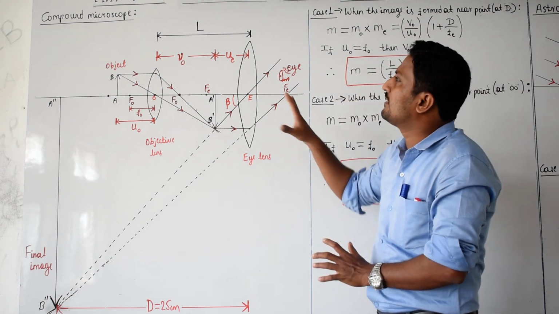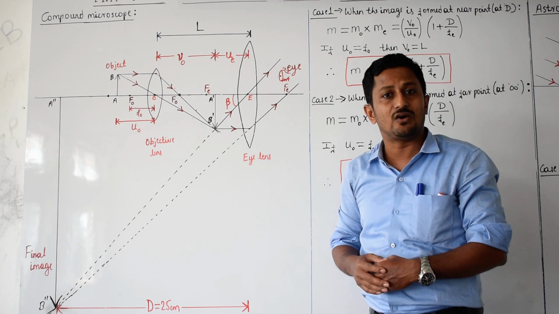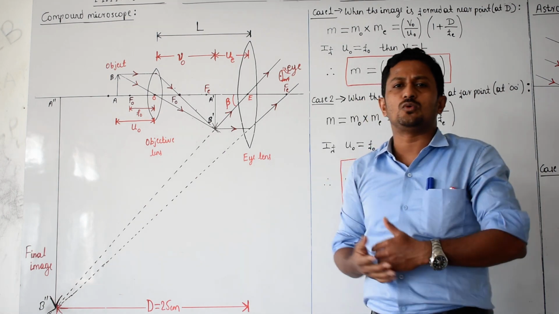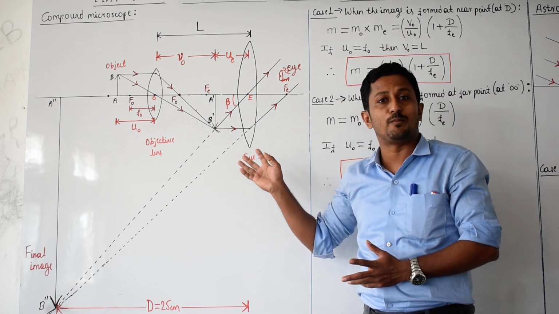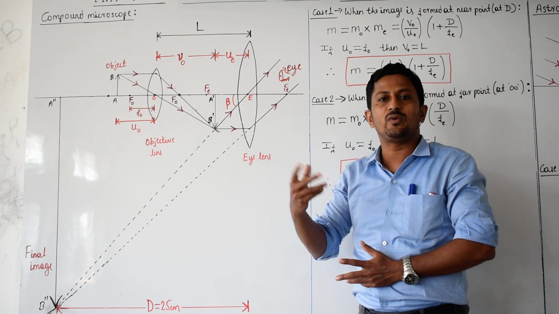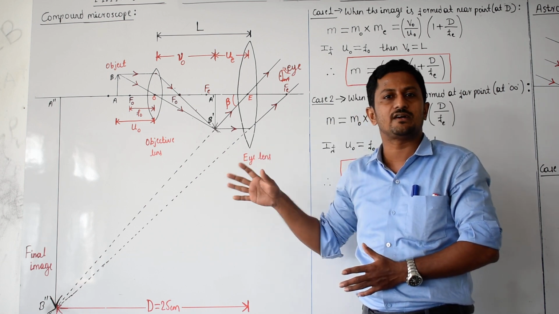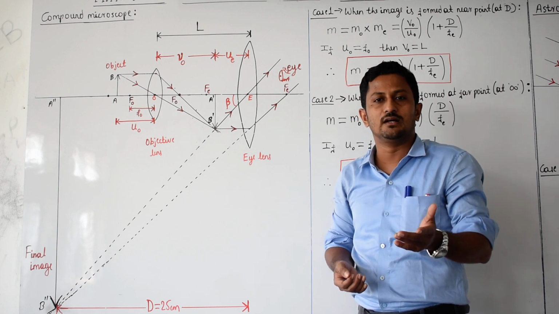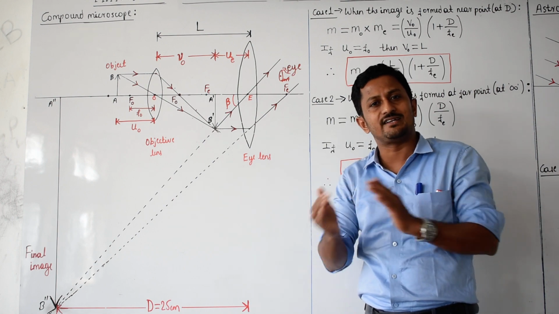Now, after having the idea about how a compound microscope works, we have to get the magnifying formula for this compound microscope. Just as we have seen for the simple microscope, similarly here also we are going to get the magnifying formula for the compound microscope according to first case and second case.